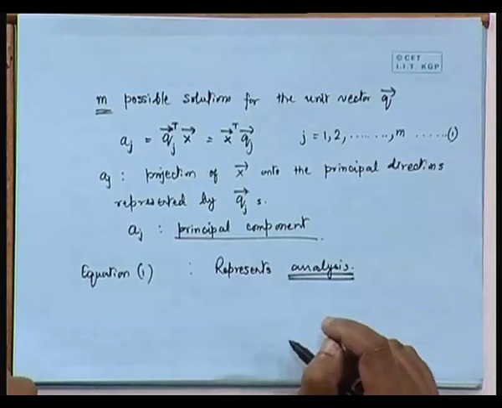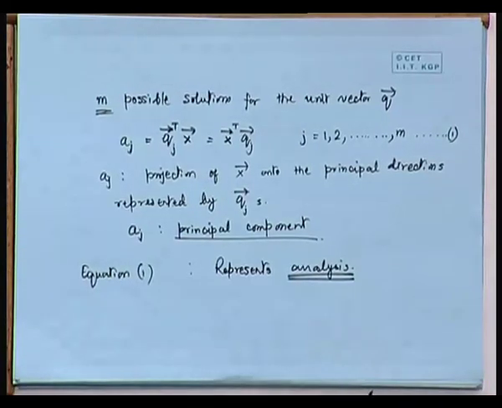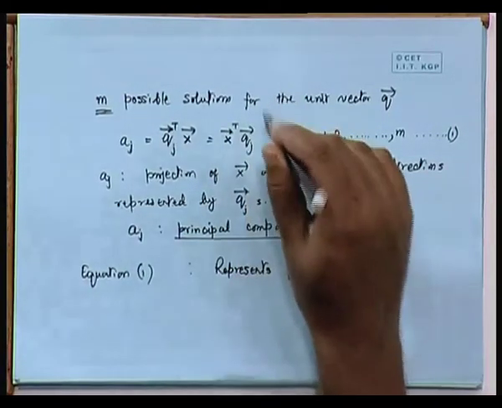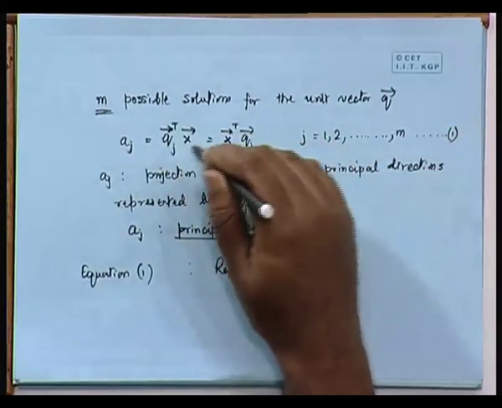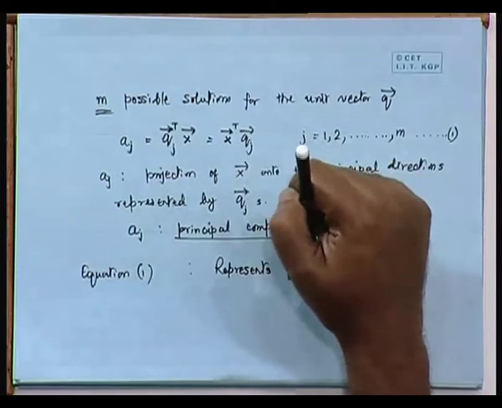Our objective should be that if we can project these vectors into this qj space and do the analysis, we should be able to do the reverse of that also. What is the reverse of analysis? Synthesis. That means in the synthesis, from these Aj's we should be able to recover the x.